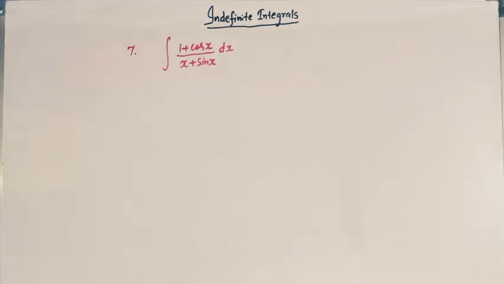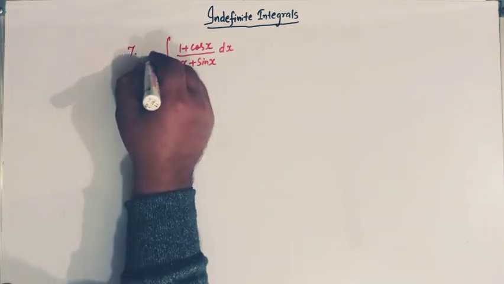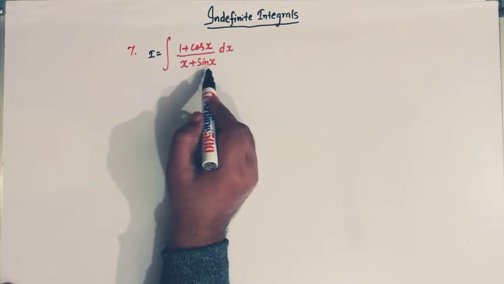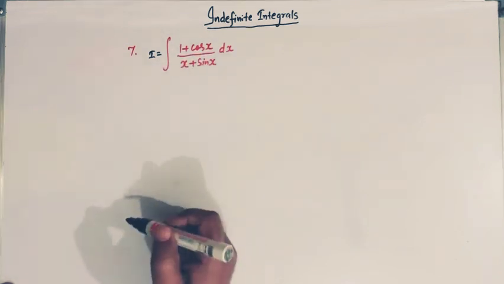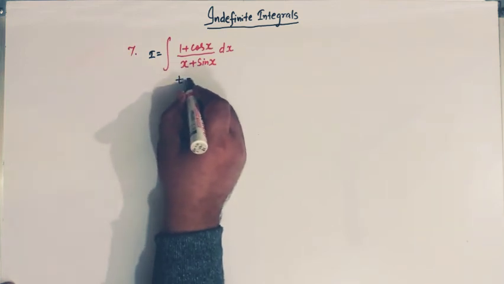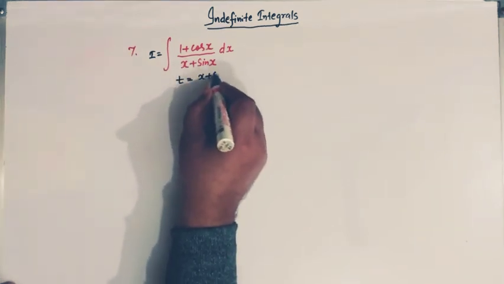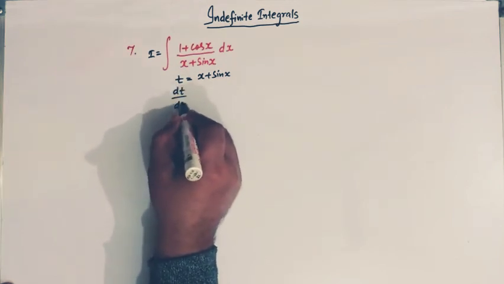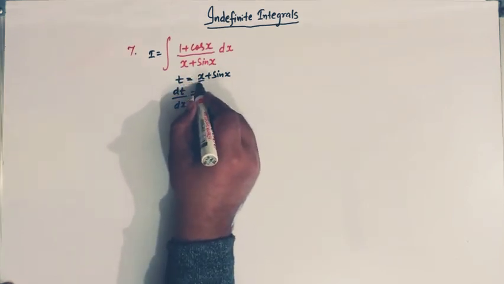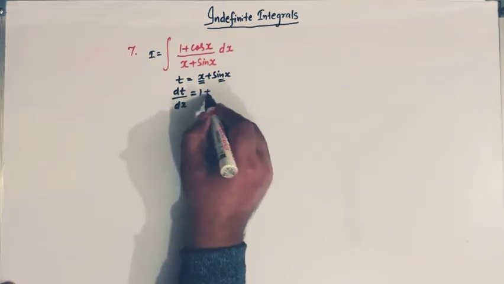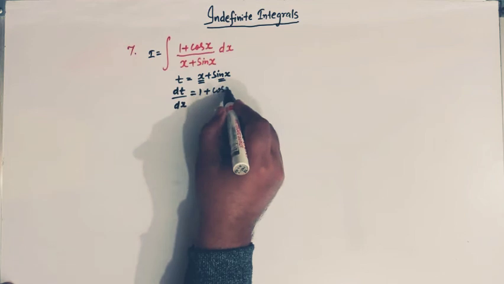Now let us solve this problem. Here we have to integrate (1 + cos x) divided by (x + sin x). Here I will make use of the substitution method. Let us substitute t = x + sin x. So dt over dx is equal to the derivative of x, which is 1, and the derivative of sin x, which is cos x.